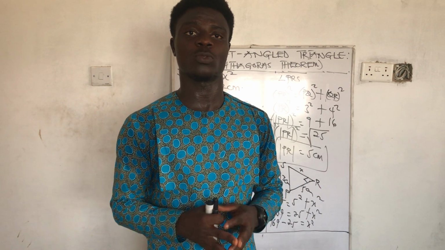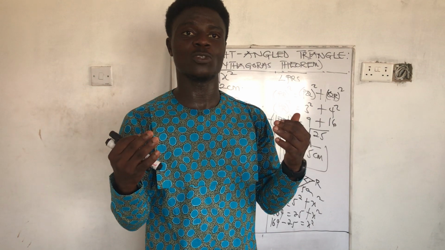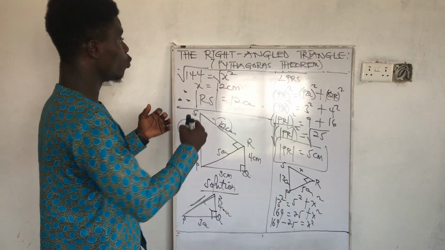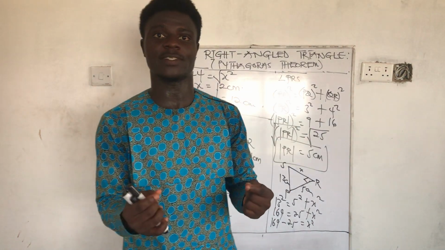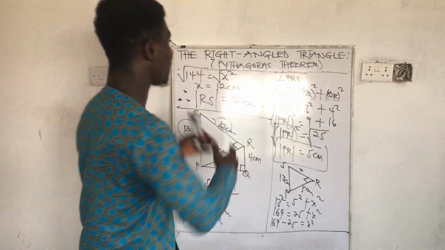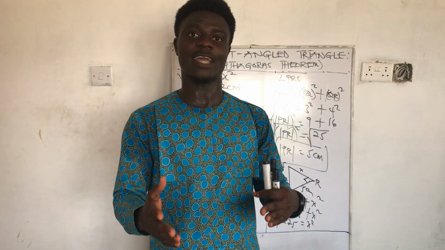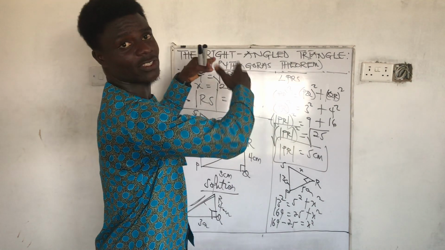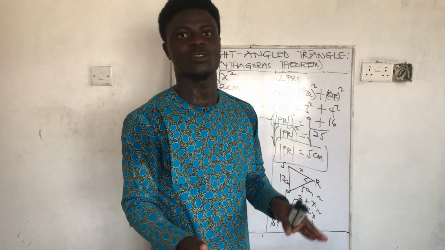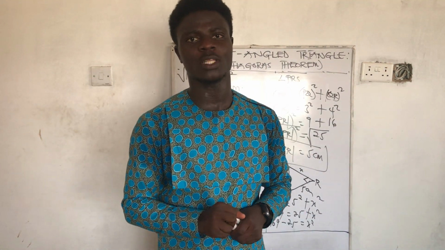When you hear application, it means we'll use that for daily life activities. How can we apply this Pythagoras theorem we are learning here into our daily life activities? And true, we can apply it. So we'll meet on our next video.